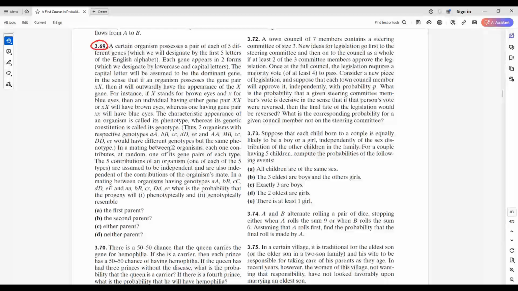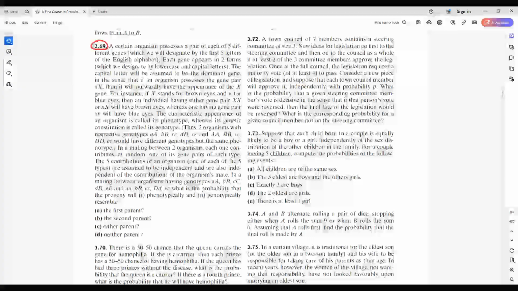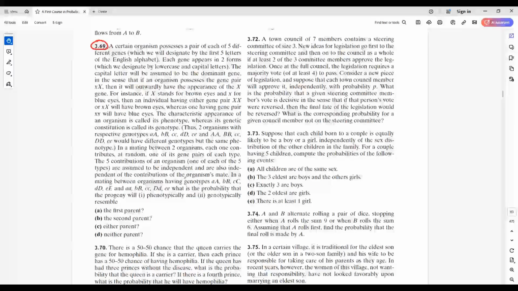In a mating between 2 organisms, each one contributes at random one of its gene pairs of each type. The 5 contributions of an organism are assumed to be independent and are also independent of the contributions of the organism's mate.